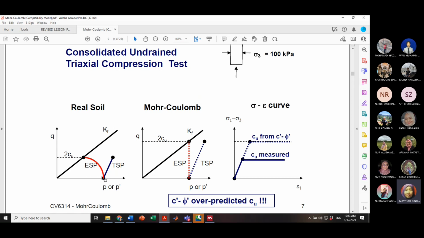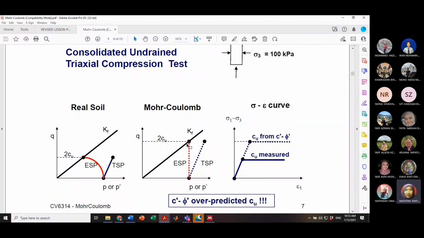The stress path should be curved, and meet the final failure line KF with a value of 2CU. However, with Mohr-Coulomb, you will see it does not curve to meet the final line. It keeps going straight up until it meets KF. So you can see that the value of 2CU at the maximum deviatoric stress is larger compared to the real soil.